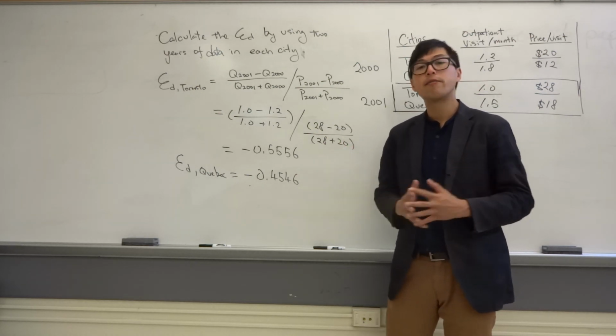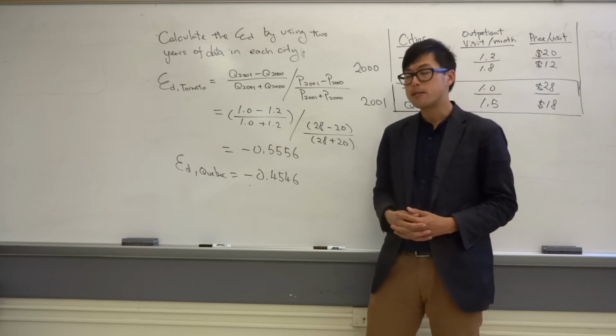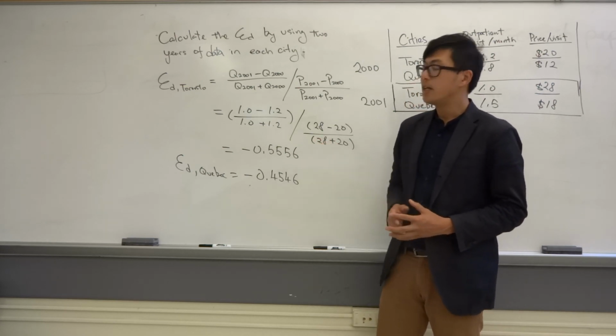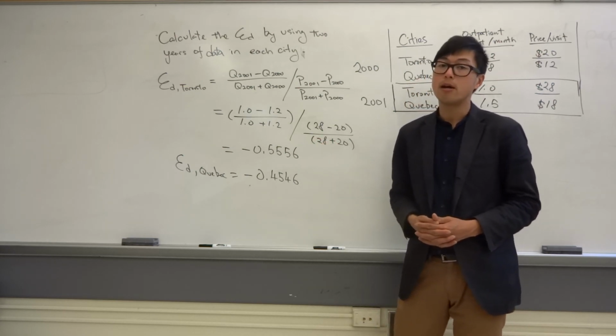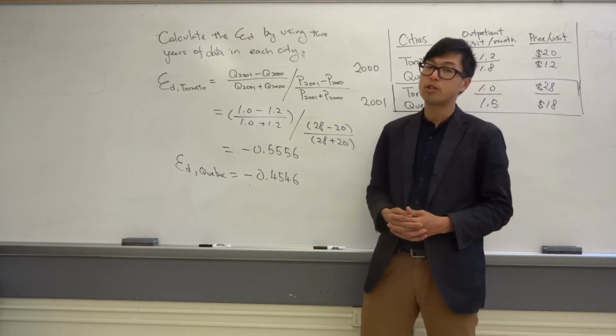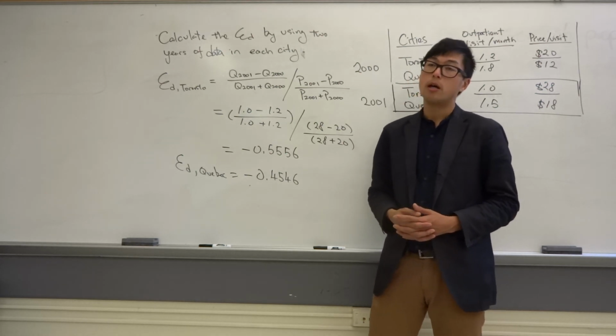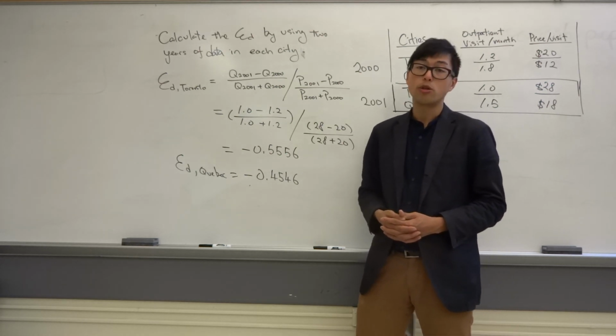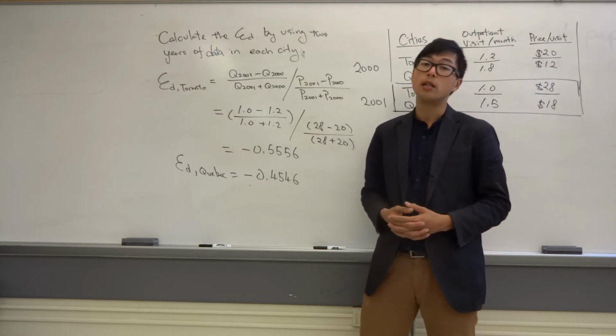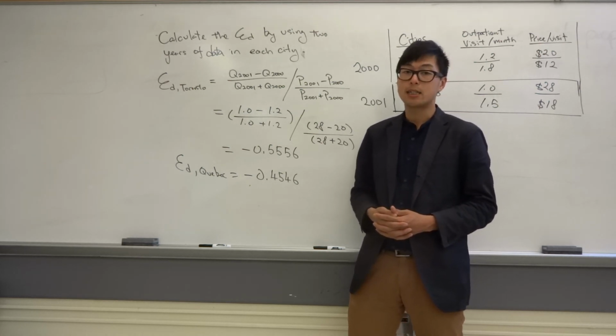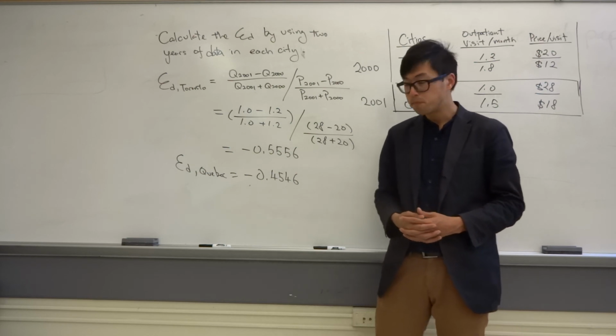This follows the law of demand, so there's no surprise. But how sensitive it is depends mainly on what the population looks like. If we have older generations in the city, obviously those people will require a lot more of the long-term care service. There will be a little bit less price elastic compared to other populations.